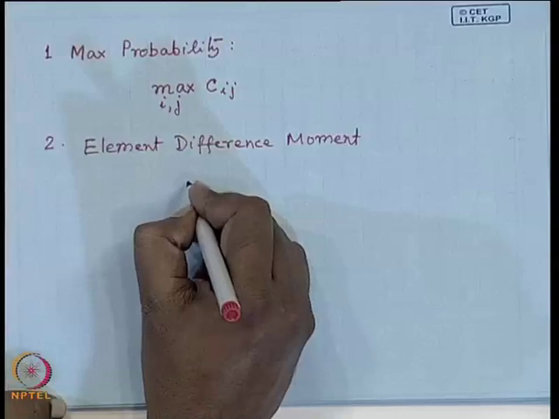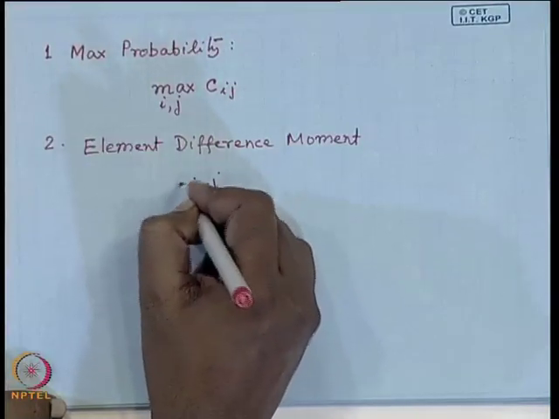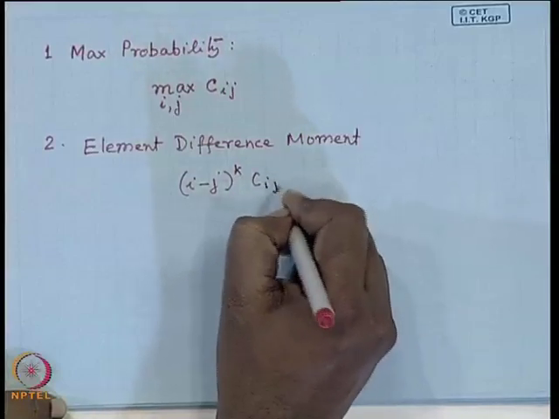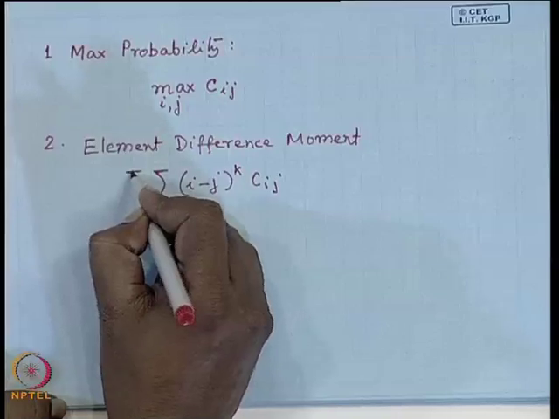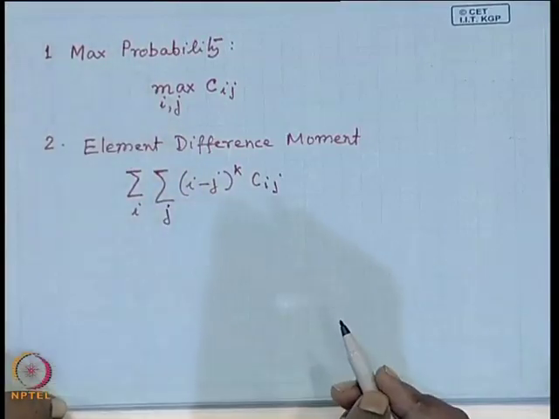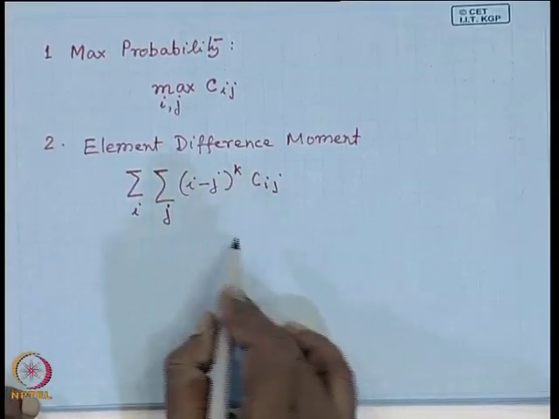which is defined as I minus j to the power k times C I j, and you take the summation of this over I and j. Okay.